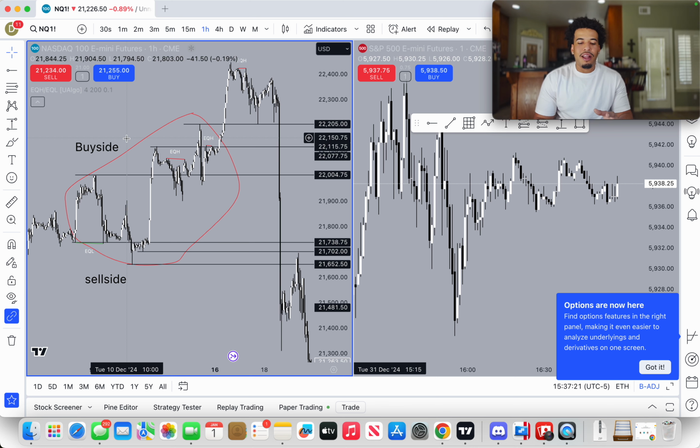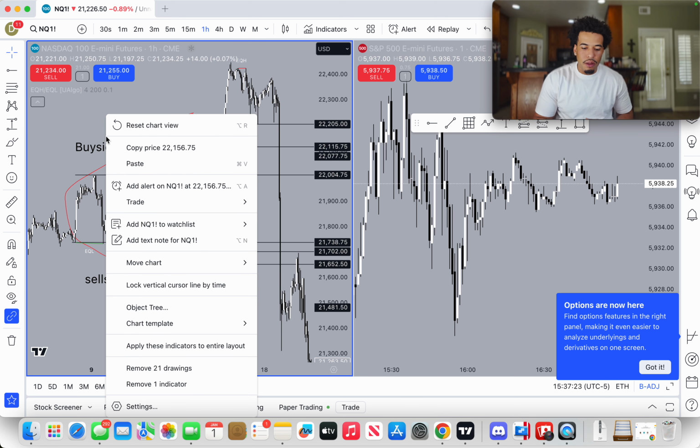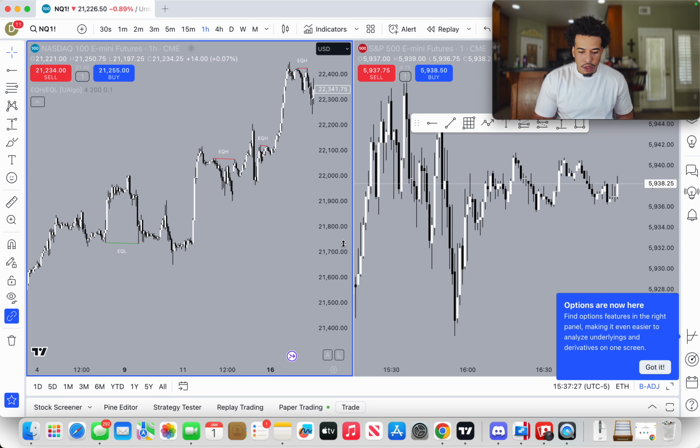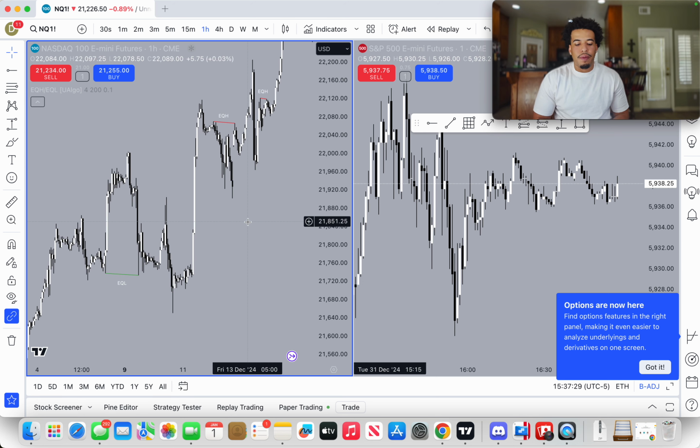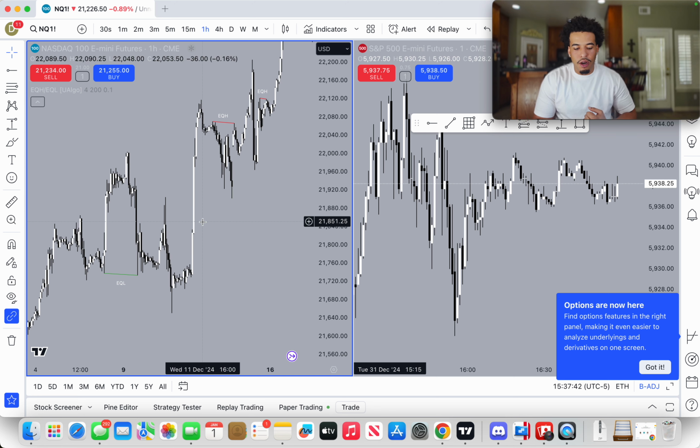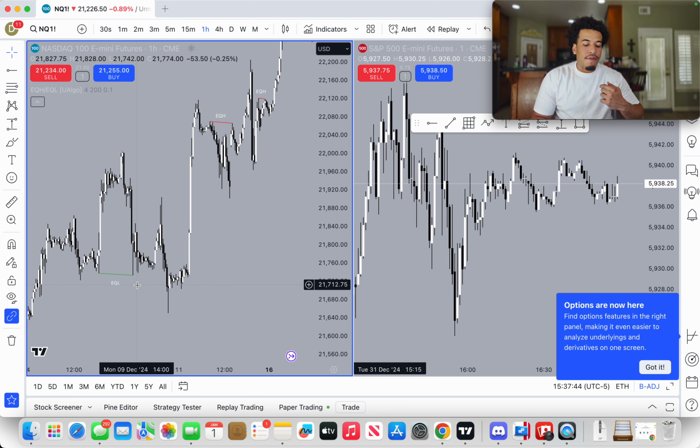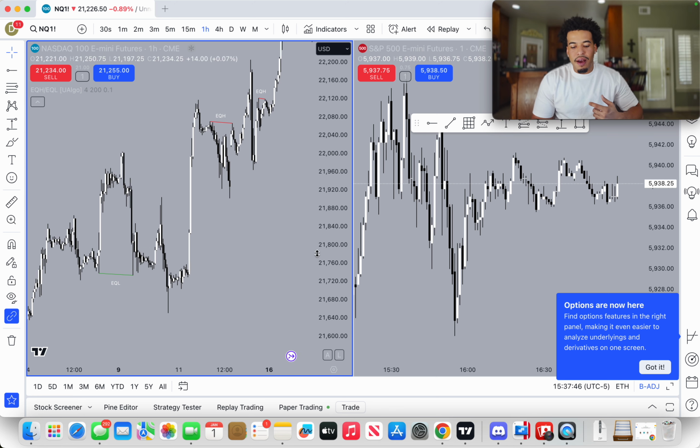Okay, now let's get a little bit more advanced when we're talking about liquidity, right? Whenever we sweep some sort of significant buy side or sell side, let me give it more specificity. Let's say we want to buy.